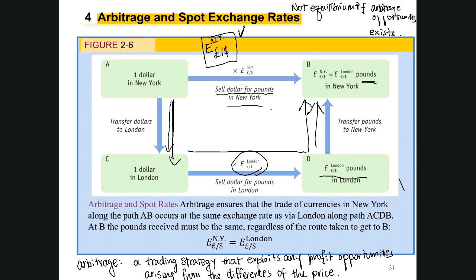Right? So if the exchange rate in New York, dollar per pound, is larger than the exchange rate in London, what happens?